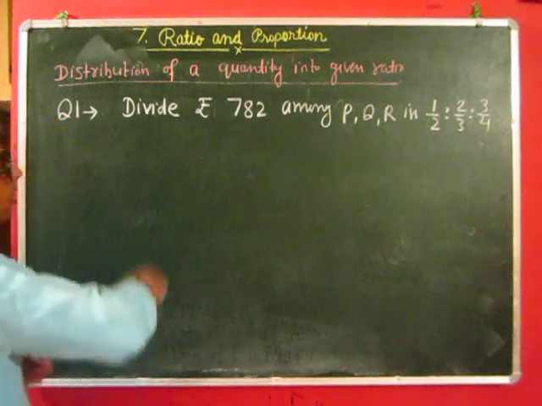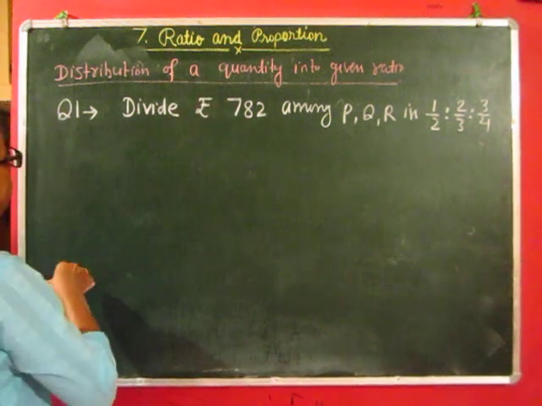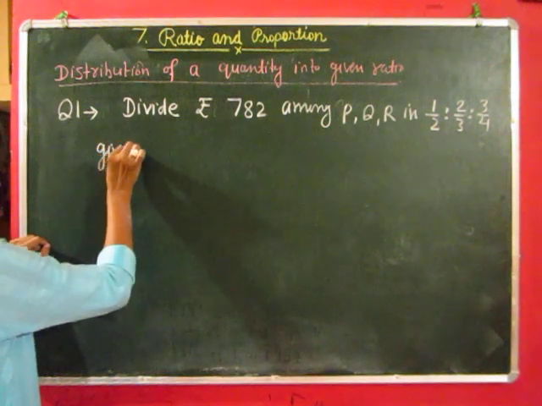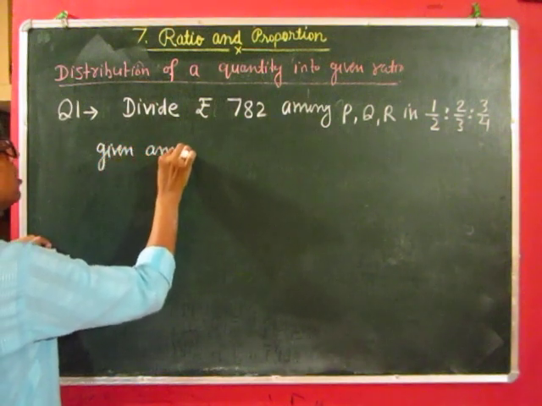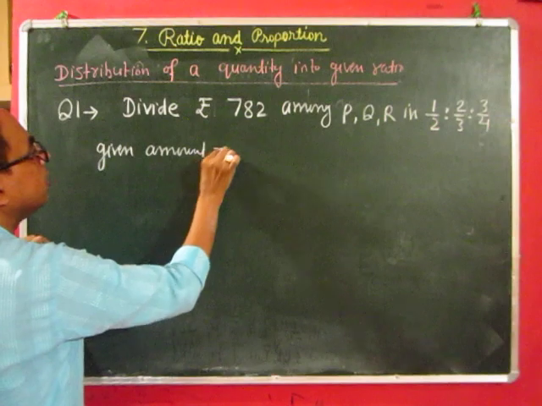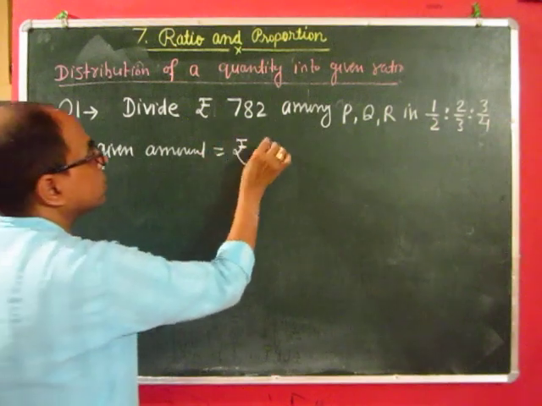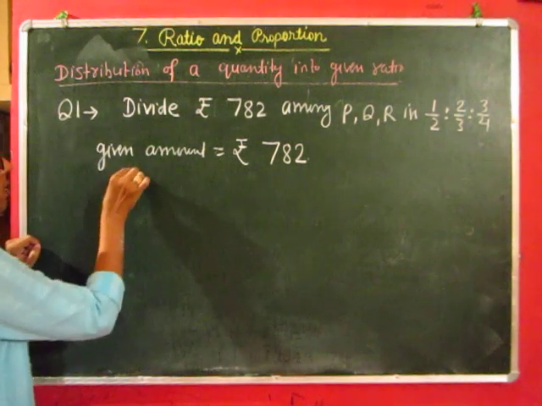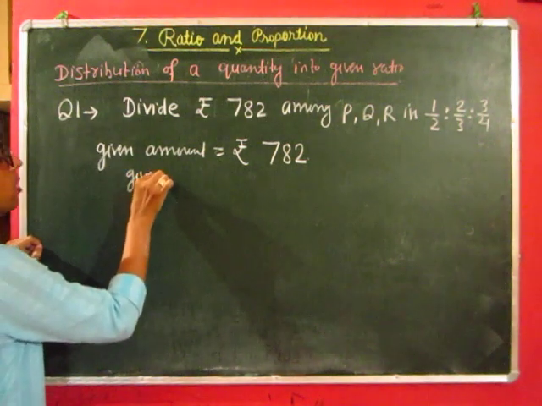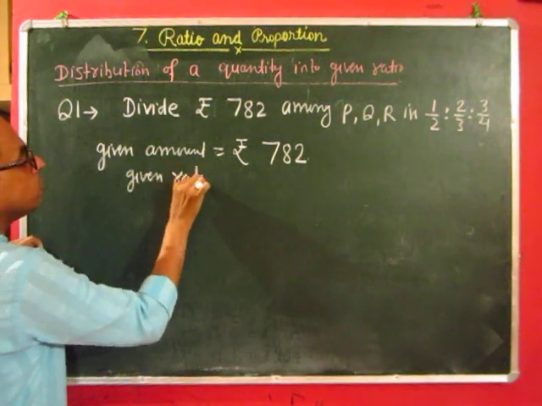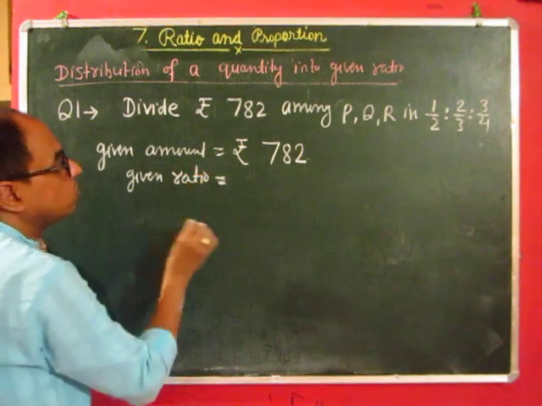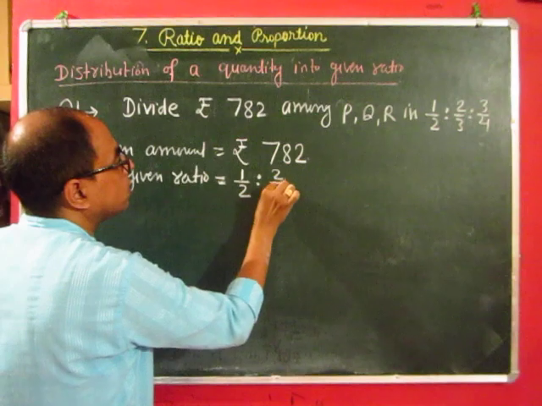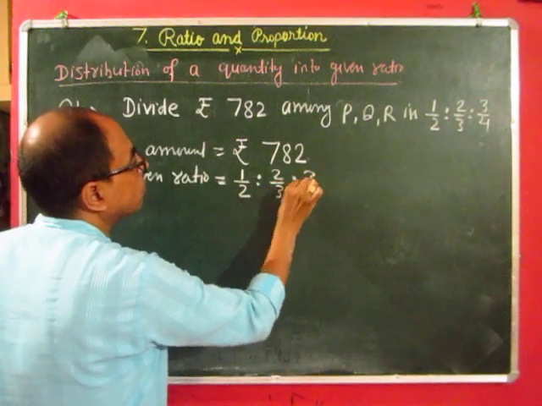So the given amount is rupees 782 and the given ratio is equal to 1/2 is to 2/3 is to 3/4.